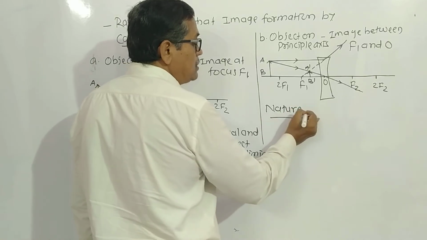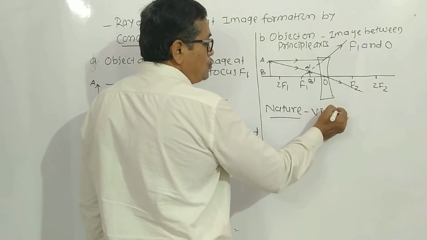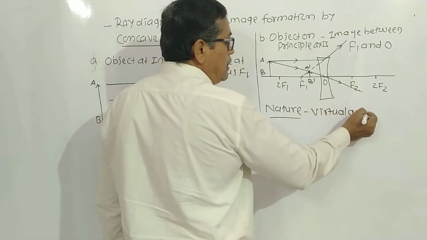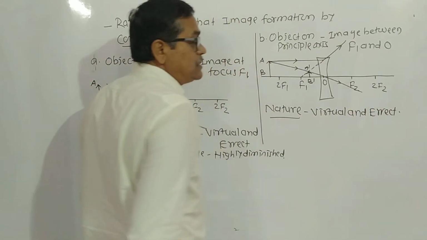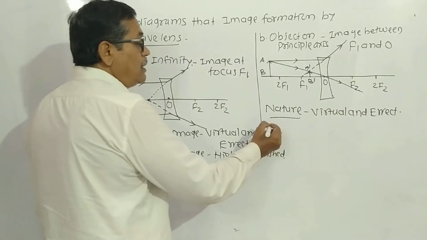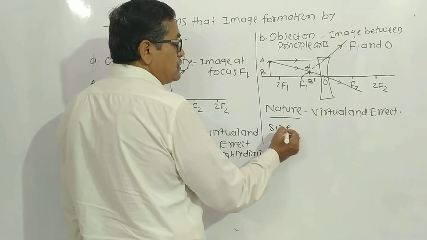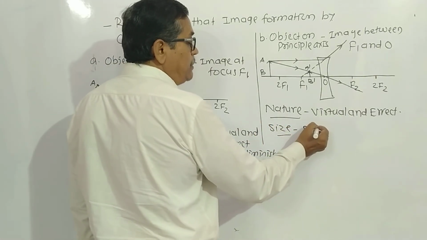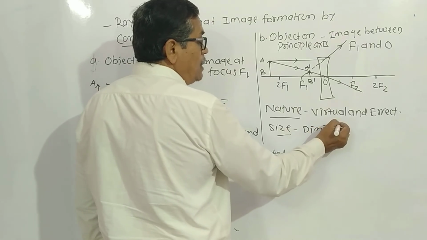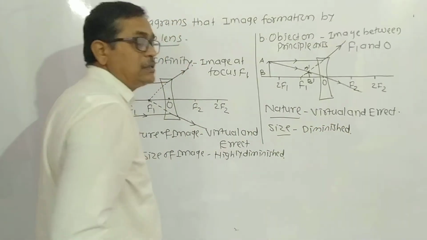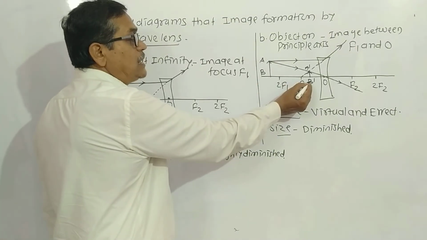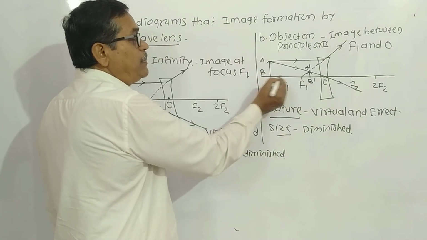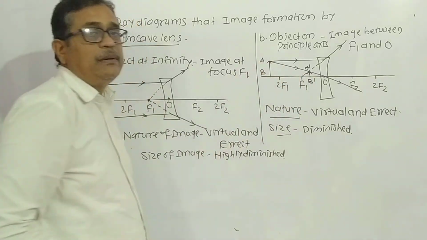Nature of image is virtual and erect, and size of image is diminished. Diminished means it is smaller than object. Compare the size of object and size of image. AB is object, bigger than A dash B dash, the image.